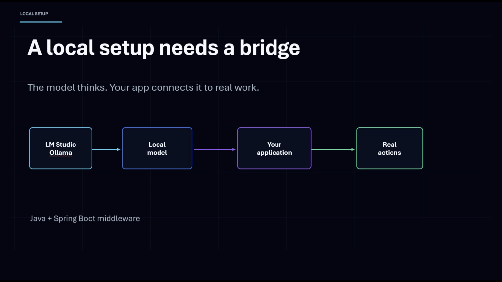And then you connect that AI model with your own application. In my case, I use Java and Spring Boot for my backend. So I'm building my own middleware around this model. The model thinks, my code is the one that actually runs the tools, safety and execution and everything else.